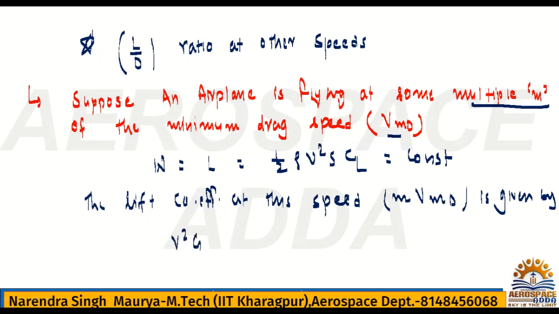V square CL will be constant because density will be constant, area S will be constant, and weight is constant. Hence V square CL is equal to constant.